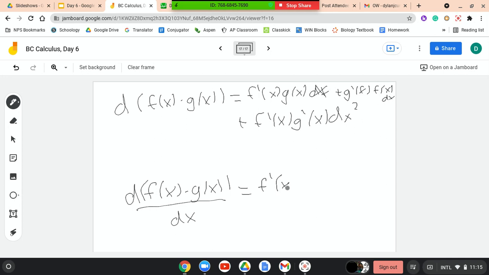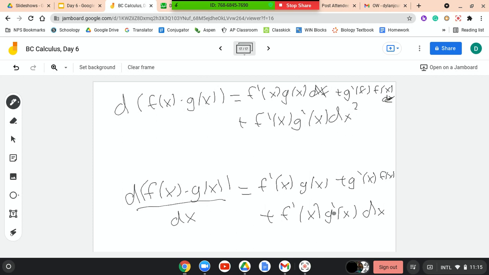We get f prime of x, g of x, plus g prime of x, f of x, because when you divide this term by dx, this dx goes away, plus f prime of x, g prime of x times dx, because when you divide dx squared by dx, you just get one dx, right?